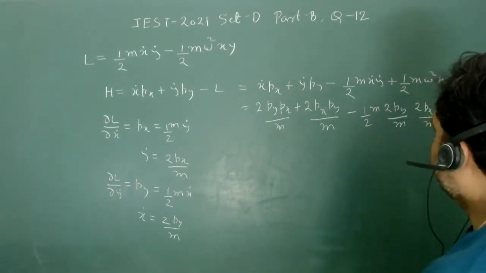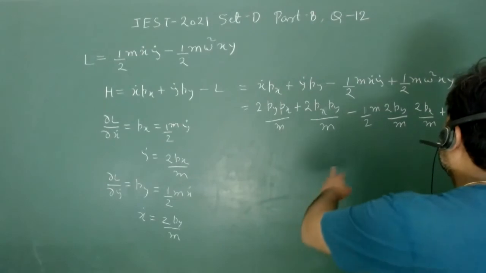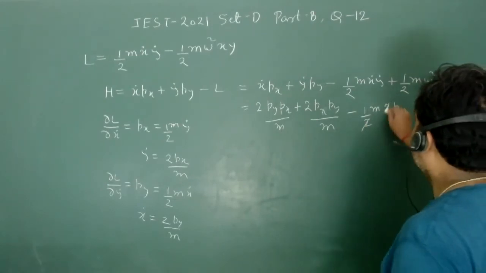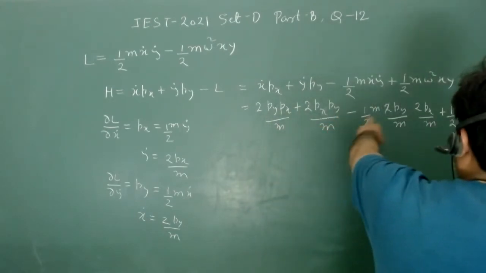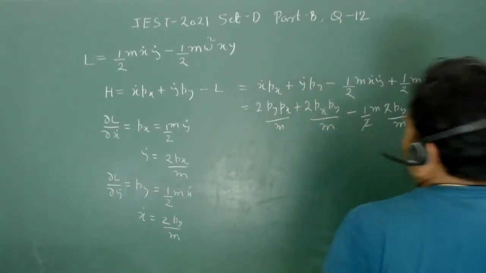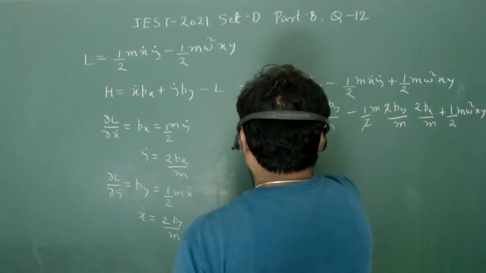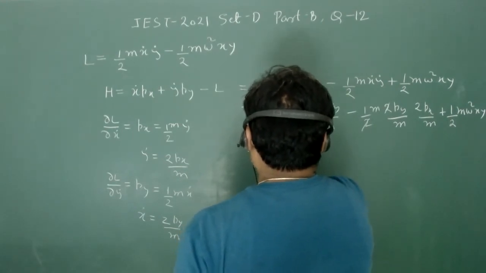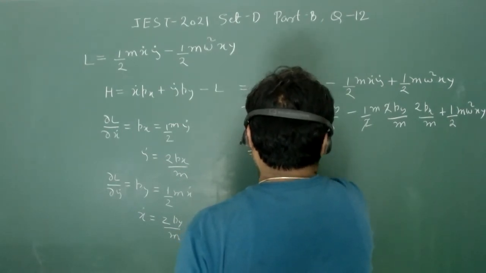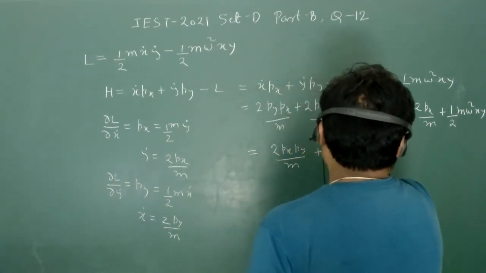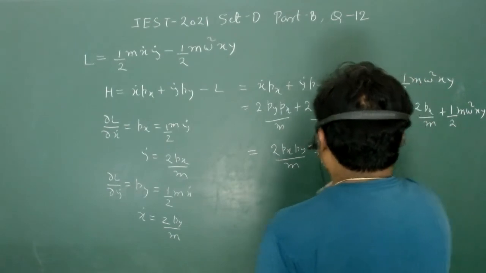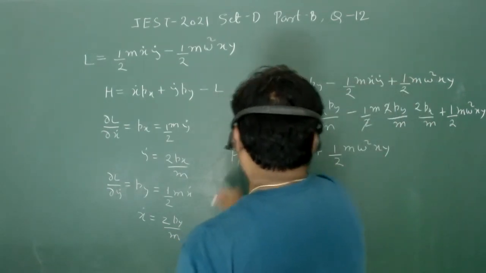We can easily see that this simplifies to 4 px py upon m minus 2 px py upon m, which equals 2 px py upon m plus half m omega square xy. So this is my Hamiltonian.